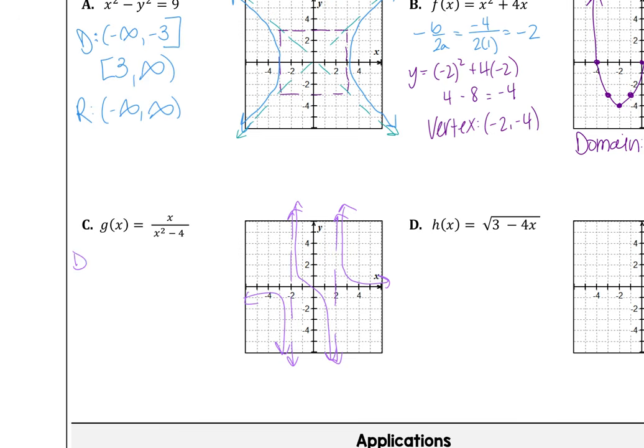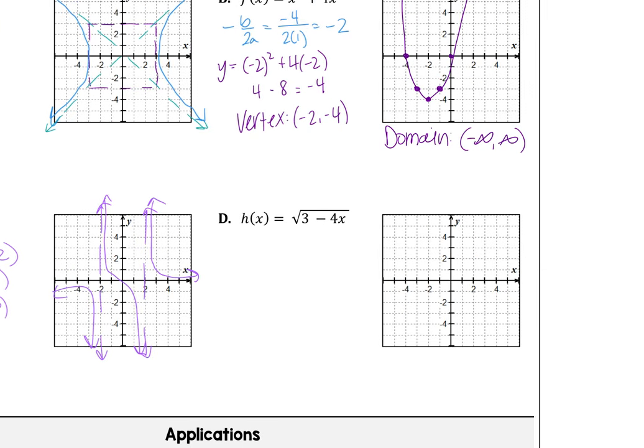So domain is -∞ to the asymptote, which was at -2, and then from -2 to 2, and then picks back up 2 to infinity. All parentheses on these because the asymptotes are not real values. It's not considered an included point, so you always use parentheses on those for asymptotes. Okay.